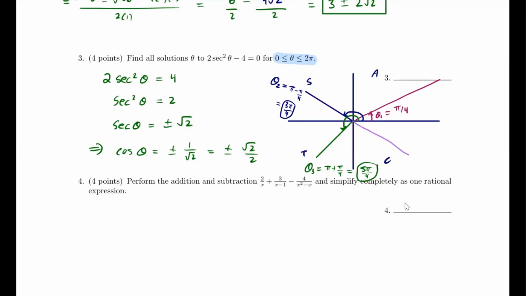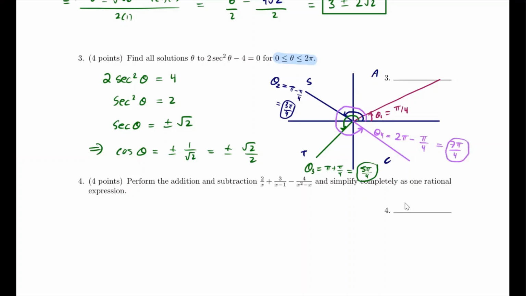So perhaps something like this. You start right here, go all the way around, and sorry, that was the wrong drawing. You start right here and you go all the way around, terminating right there. Let's call this theta 4. Theta 4 is going to be 2 pi minus pi over 4. That would give us 7 pi over 4.